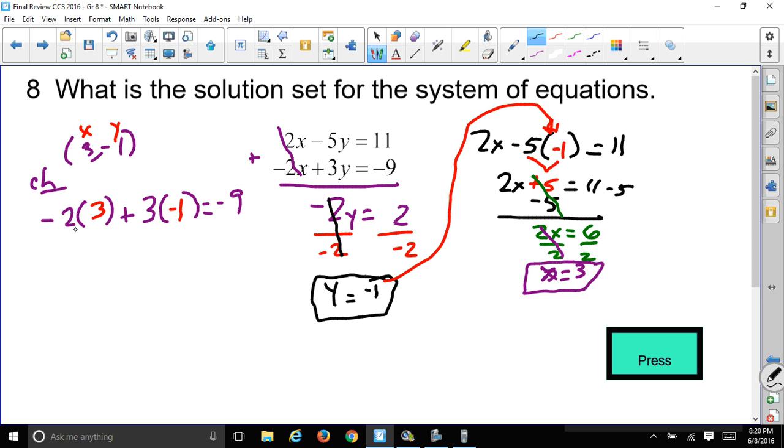Negative 2 times 3, the signs are different, so that gives me a negative. 2 times 3 is 6. And here again, plus 3 times a negative 1, signs are different again, so that gives me a negative 3. This is supposed to equal negative 9.